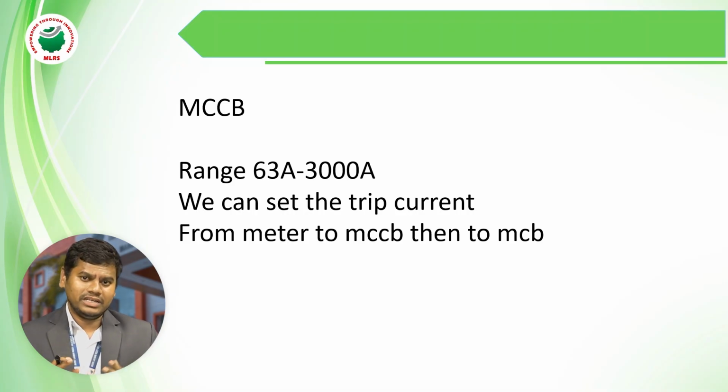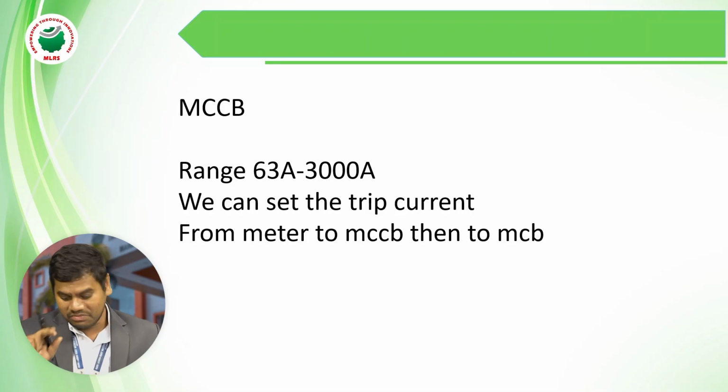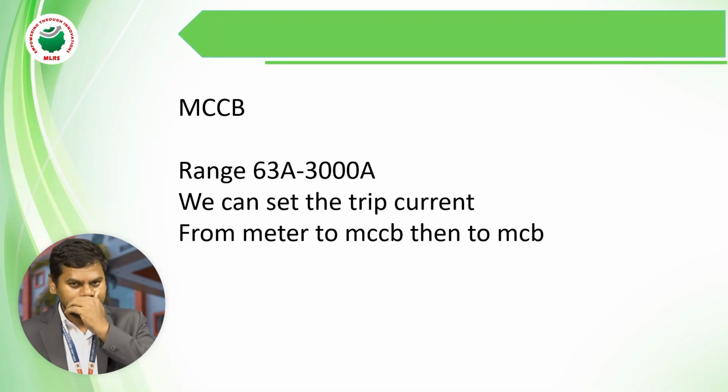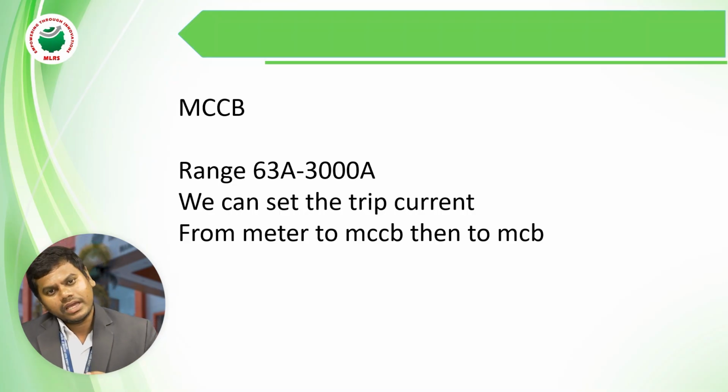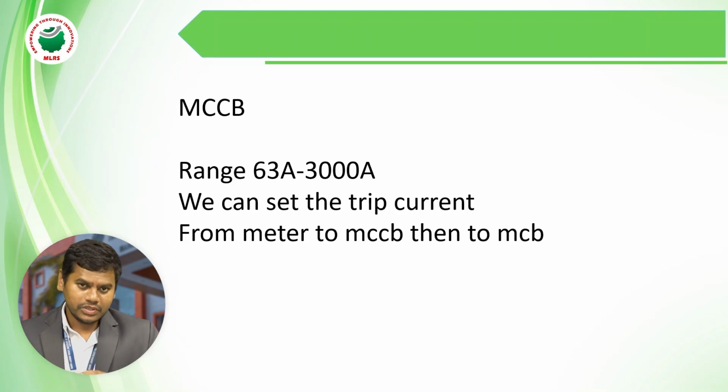In MCCB we can set the range, the trip current, from the meter to MCCB, then to MCB. The range of current is 63 amperes to 3000 amperes.